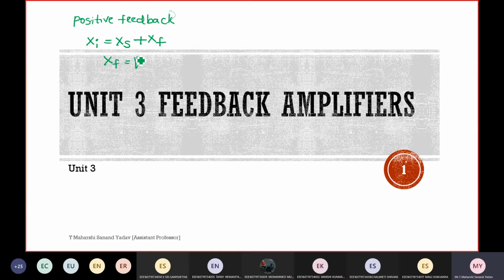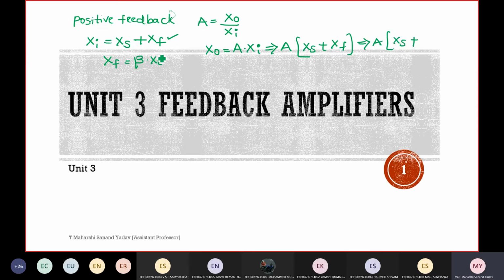Xf is nothing but beta times x naught. Next, normal gain is output by input. So x out can be written as A times xi, and I'm substituting xi as xs plus xf, that is A times xs plus beta times x naught. Move towards the left hand side.